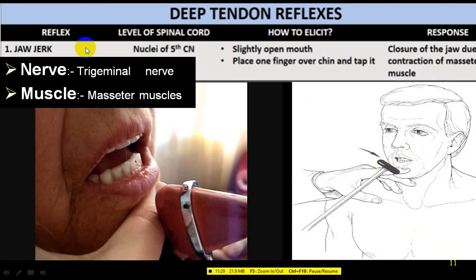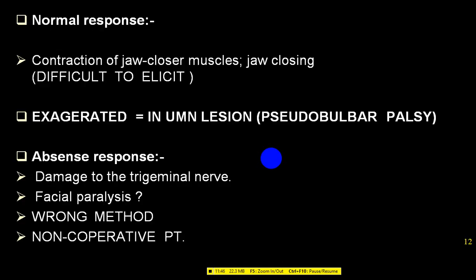In a normal person, it is difficult to elicit. But when the jaw jerk is clearly elicited, we call it exaggerated jaw jerk reflex. And this will be seen in case of upper motor neuron lesion, particularly in case of pseudobulbar palsy. So in normal, the jaw jerk is difficult to elicit.